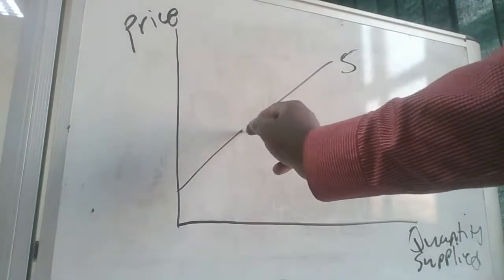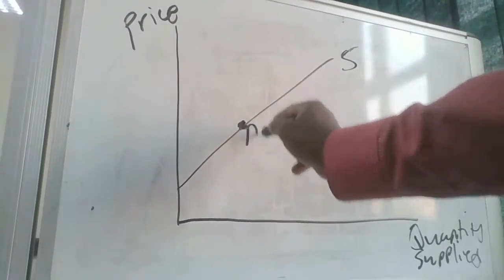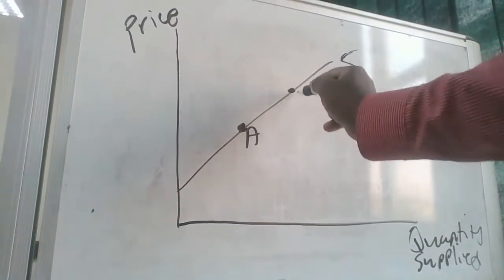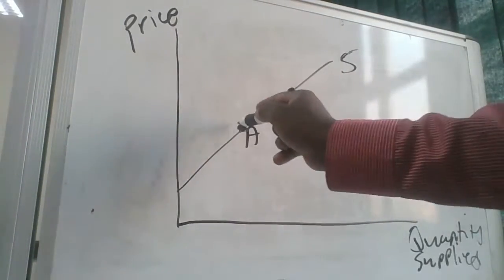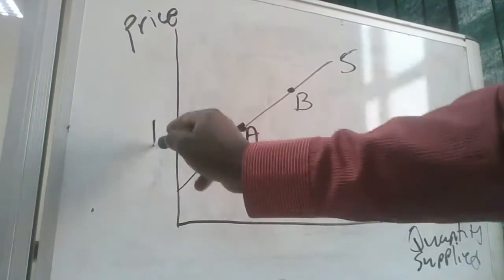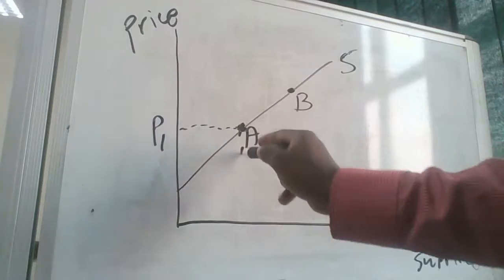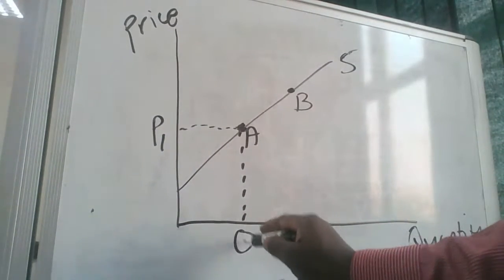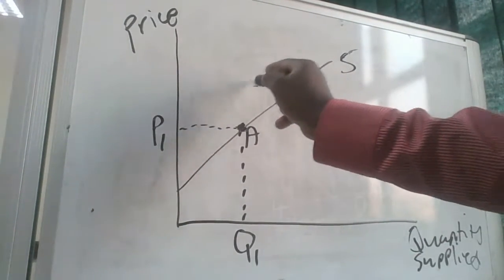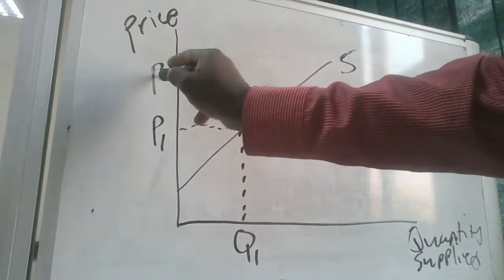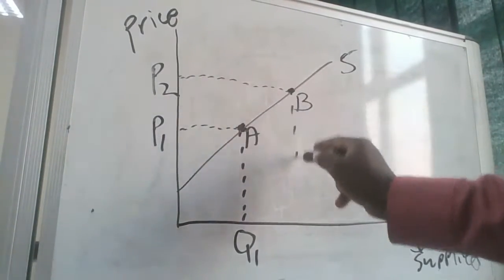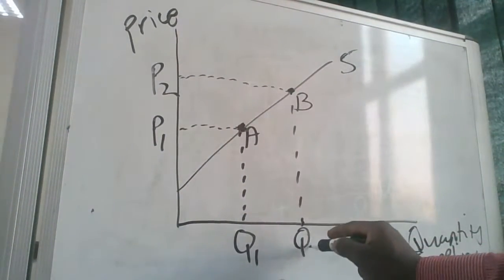And here, let's assume 2 points again. We have point A and point B. Point A is associated with P1 and Q1. Point B is associated with P2 and Q2.